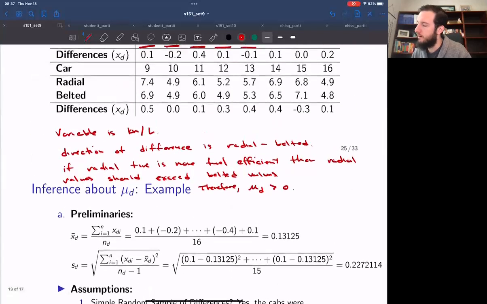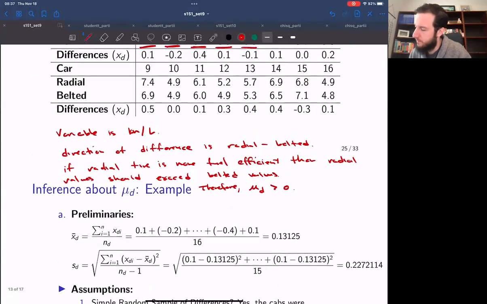So you can see here, I have 0.1, negative 0.2, negative 0.2, up to negative 0.3, and then 0.1, 0.1. Sorry, that should be a 3. Just add the differences together and divide by the number of differences. That gives us the average of the differences.